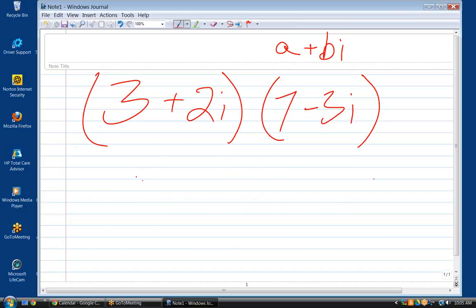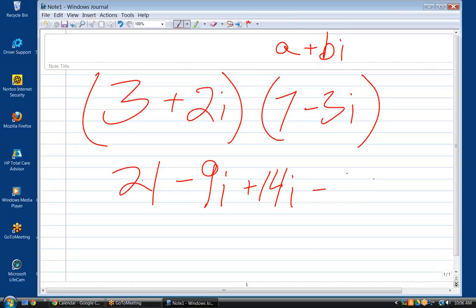So multiply these. What's the first term going to be? In this problem here? 21. Next? Negative 9i. Next? Plus 14i. And then the last term is the only tricky one.